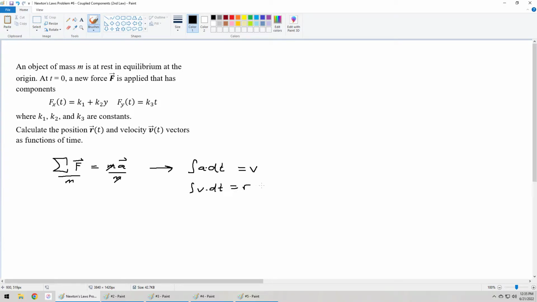If this looks familiar to you, that's great, but do be warned, you can't do that straightforwardly in this problem on both components at the same time, due to the presence of the y component of position being intertwined with the x component of force, right?